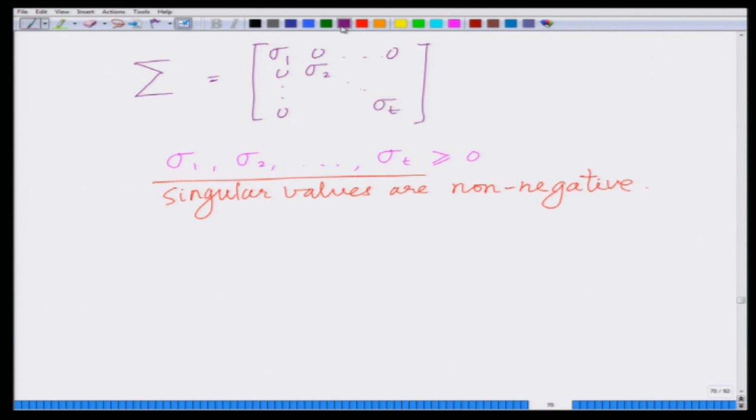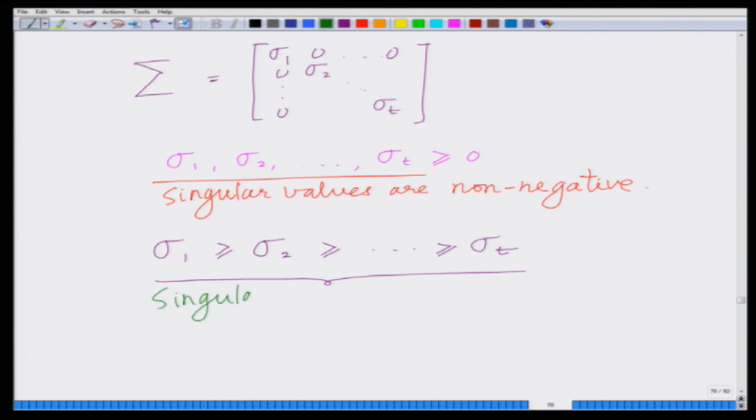And also importantly, the singular values are arranged in decreasing order of magnitude.